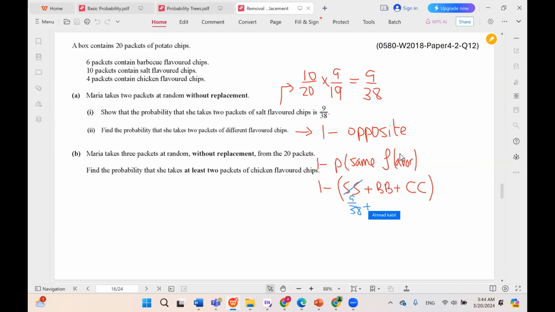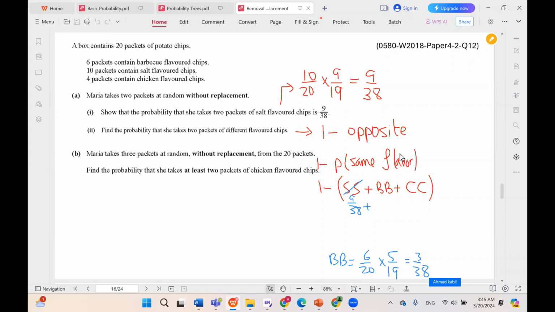And then barbecue, barbecue would be, we can calculate these on the side just to give ourselves some space, 6 over 20 times 5 over 19. And that would give us 3 over 38.